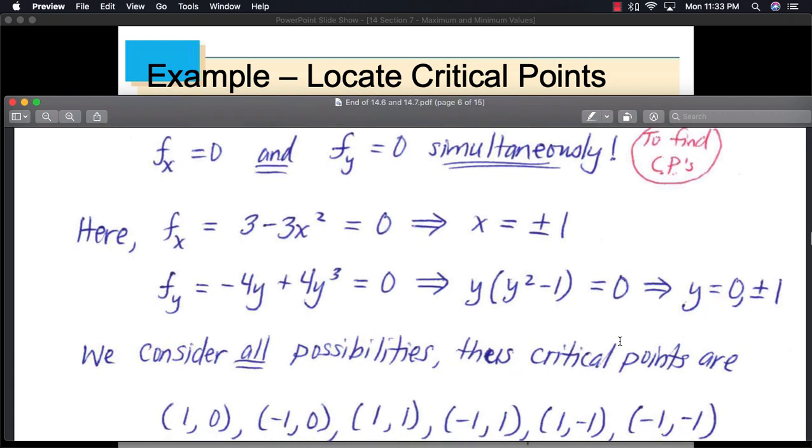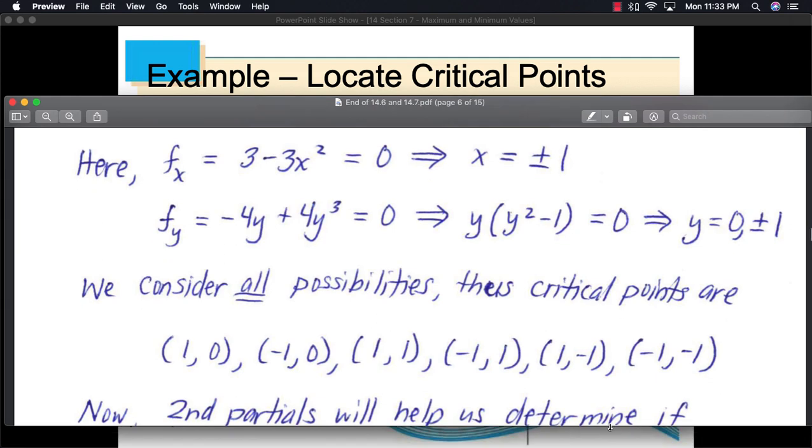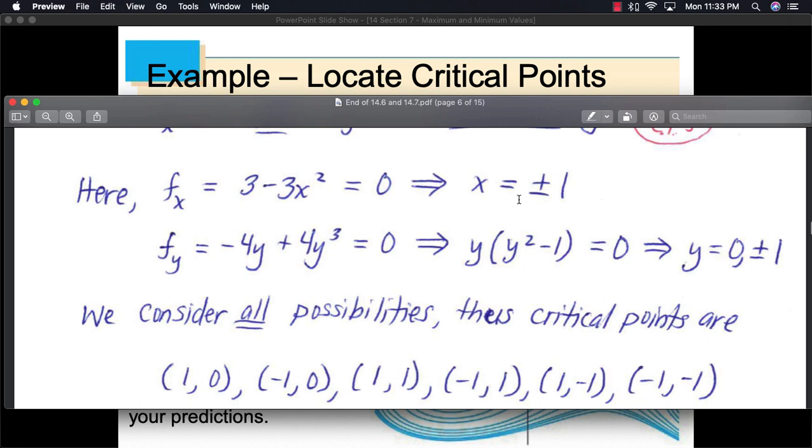Hopefully this makes sense. We found the values of x, and we found our values of y. That means all of our possible critical points are the following: (1, 0), (-1, 0), (1, 1), (-1, 1), (1, -1), and (-1, -1).